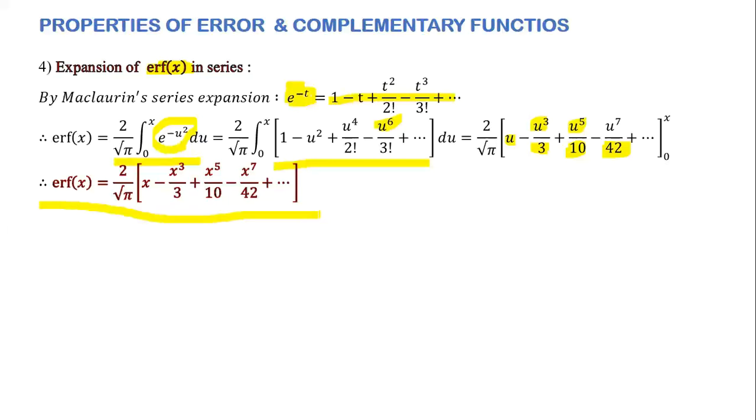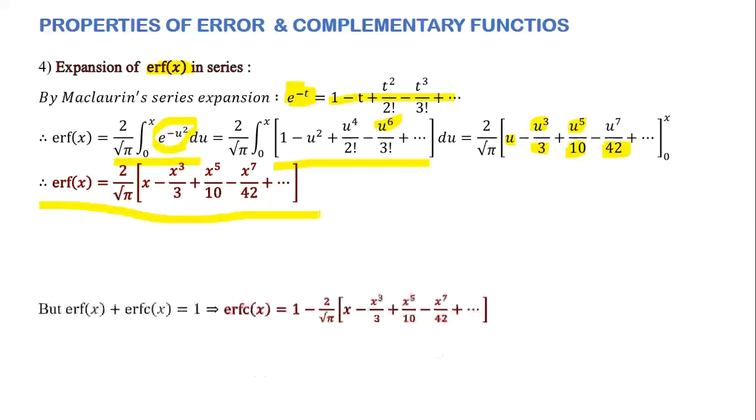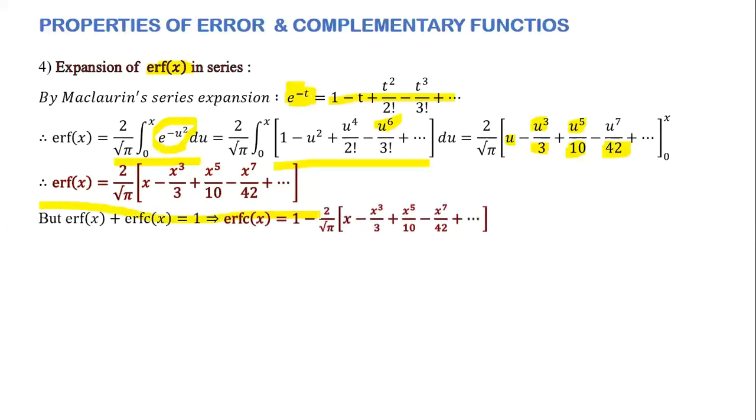But from this, how can you find the series expansion for the complement error function? To do this, we are going to use the second property, which is error function of x plus complement error function of x is equal to 1. From this result, you can write the complement error function as 1 minus the error function of x.